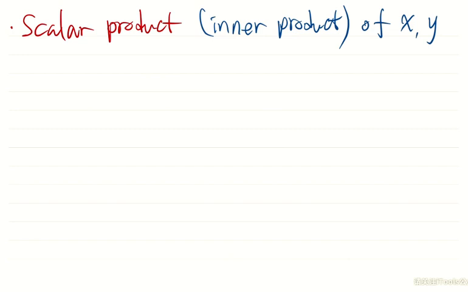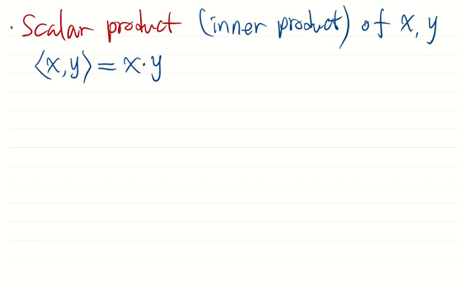What's the scalar product of x and y? Okay, so the notation is xy. Sometimes we also use the dot notation, x dot y. And of course, this product is sometimes called the dot product. Some people use this terminology.